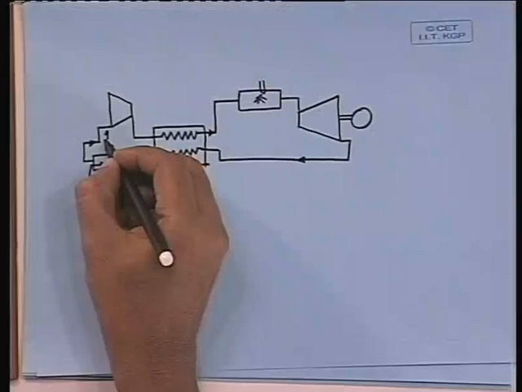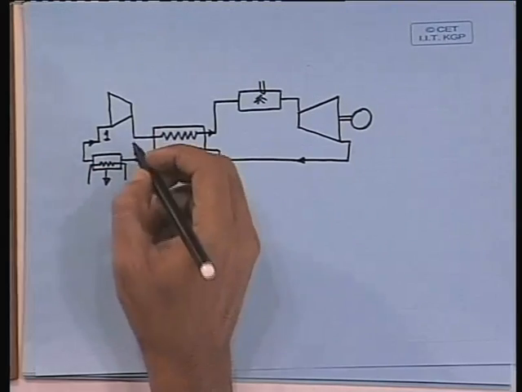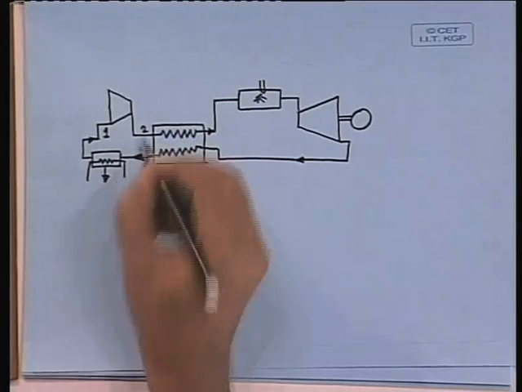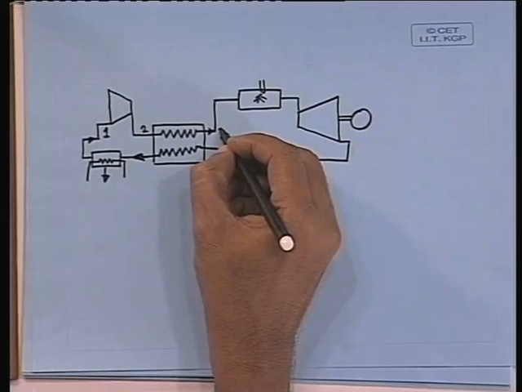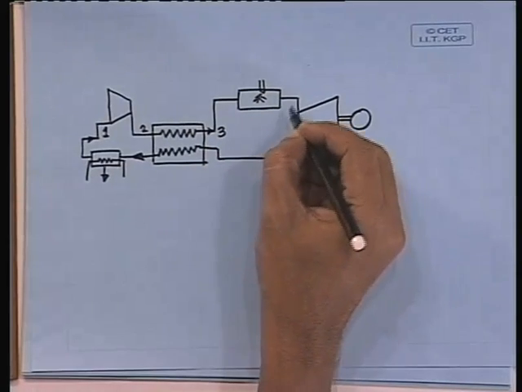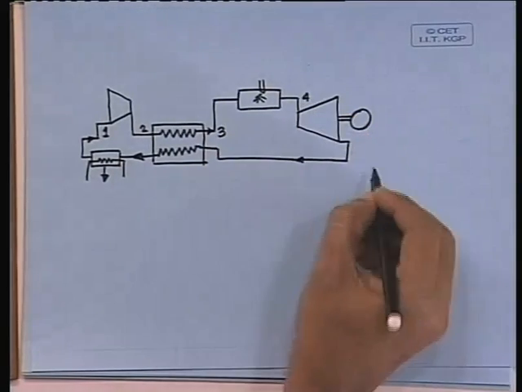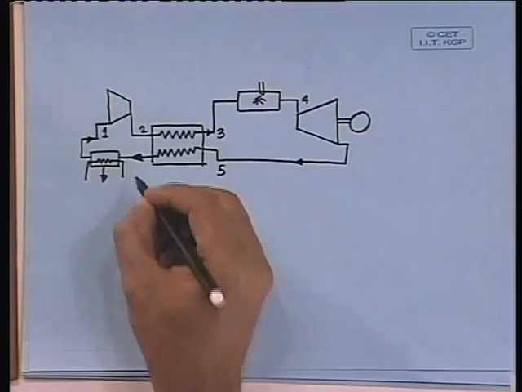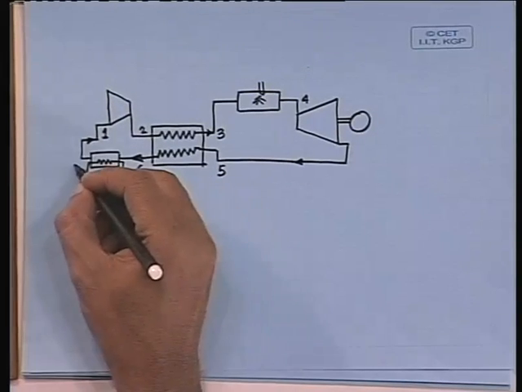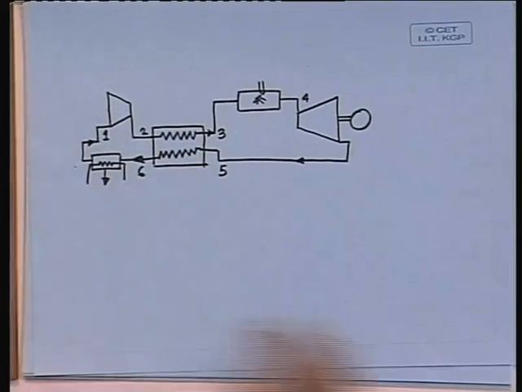This is an idealized representation of the gas turbine cycle with regenerative heating. Okay. Let us put 1 here, then after compressor it is 2, then this is 3, this is 4, this is 5, this is 6, this is 1.